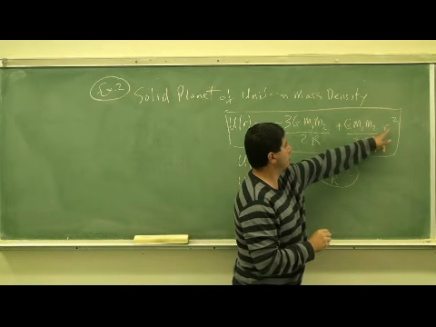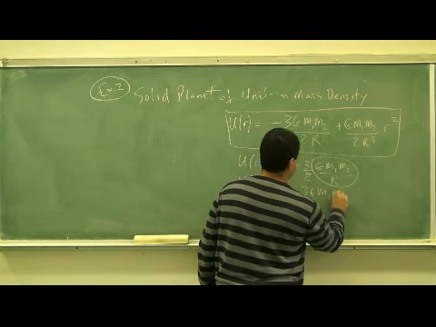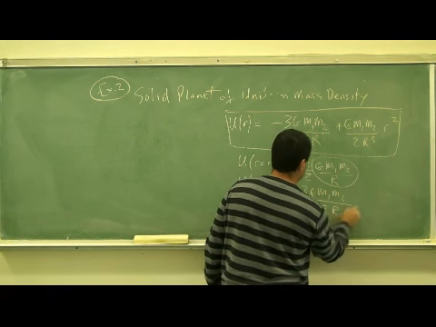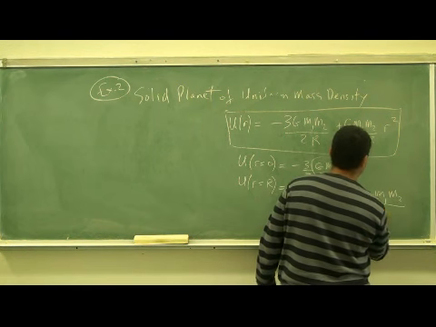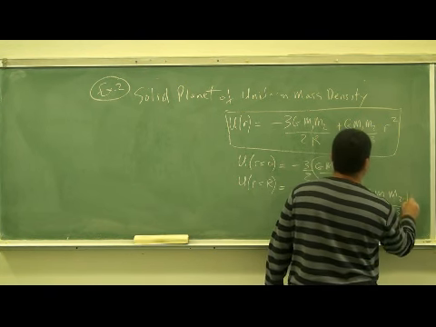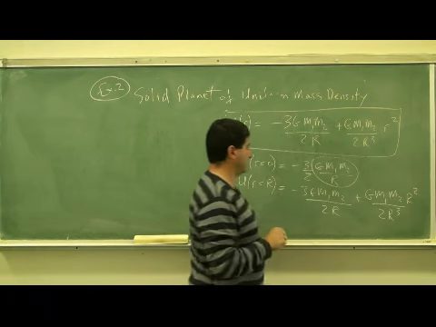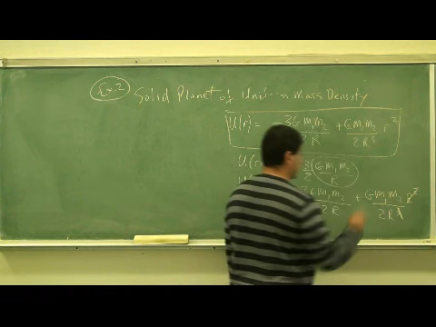Well, if I put r is equal to big R, let's see what I get. I have r squared, and then r squared cancels one of the R's.